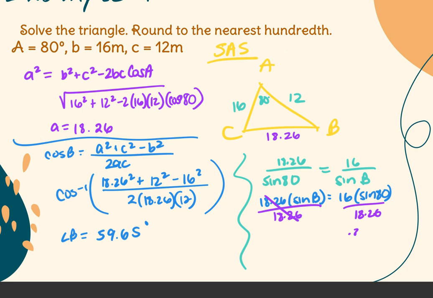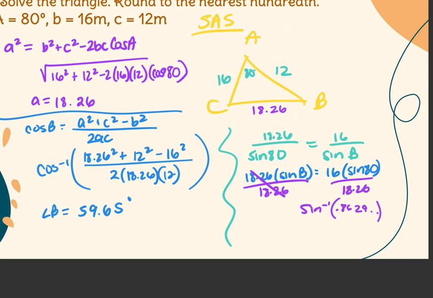And I get like 0.8629, so on and so forth. I'm going to sine -1 that whole thing. And I get angle B, 59.646. So both ways, same answer, okay? You can switch if you want. Both ways are using a rounded value that you found, so it's not like one way is better than the other. Sophia? What?